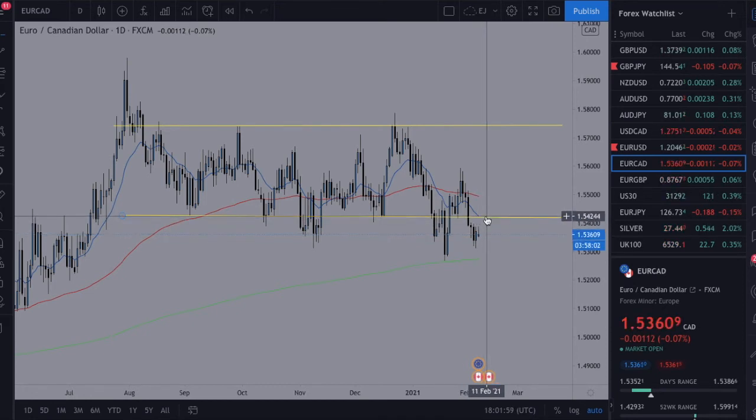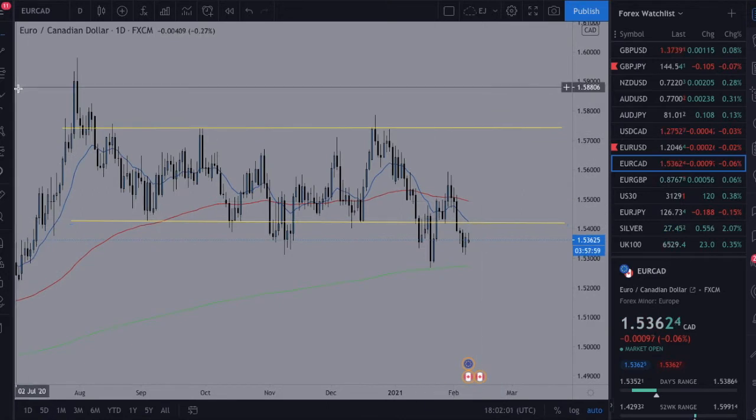These lines, the resistance and support, are barriers that price could react from. As you can see, we've pushed down, had a reaction into here, spiked through it, closed back below. Had a reaction to this level here, big spike up. Then another reaction to this exact same line. Again we've tapped back down into our support zone, just failed to hit our resistance.